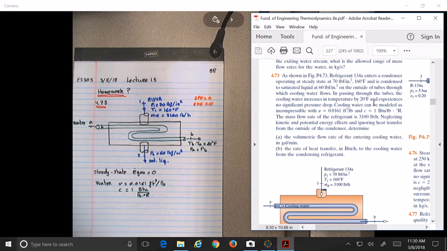And ignoring heat transfer from the outside of the condenser, determine, okay, so we need to find, let's say, at A and B, the volumetric flow rate of the entering cooling water in gallons per minute. So what is the volumetric flow rate?